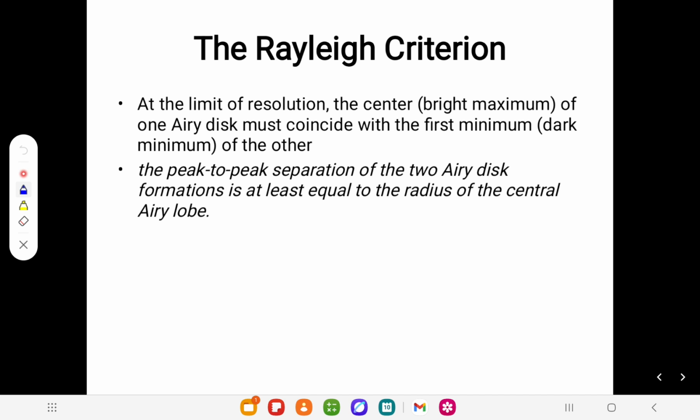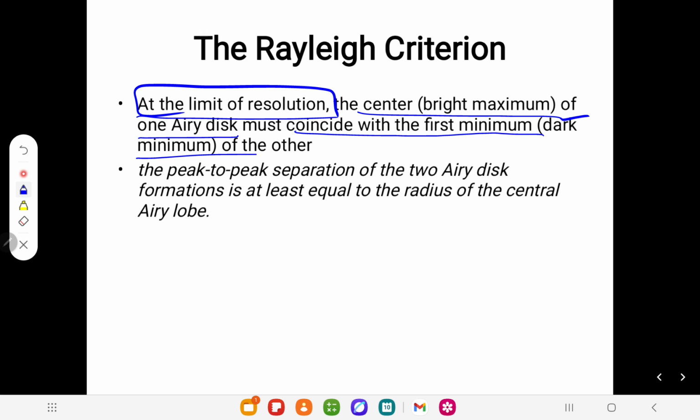But what is Rayleigh's criteria? At the time of resolution, the central bright maximum of one Airy disk must coincide with the first minimum of the other.